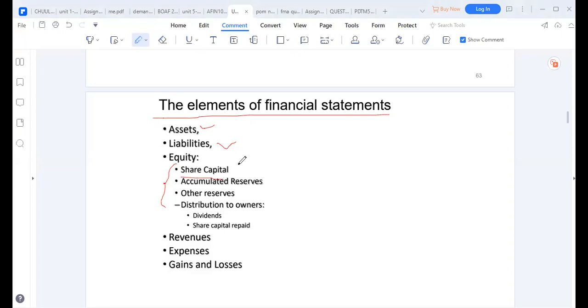These are simply shares. So shares are simply called equity because we have two types of equity. We have what is called common stock, which is equity that is paid for by what we call ordinary shareholders. So these ordinary shareholders come up with share capital, which is called equity.